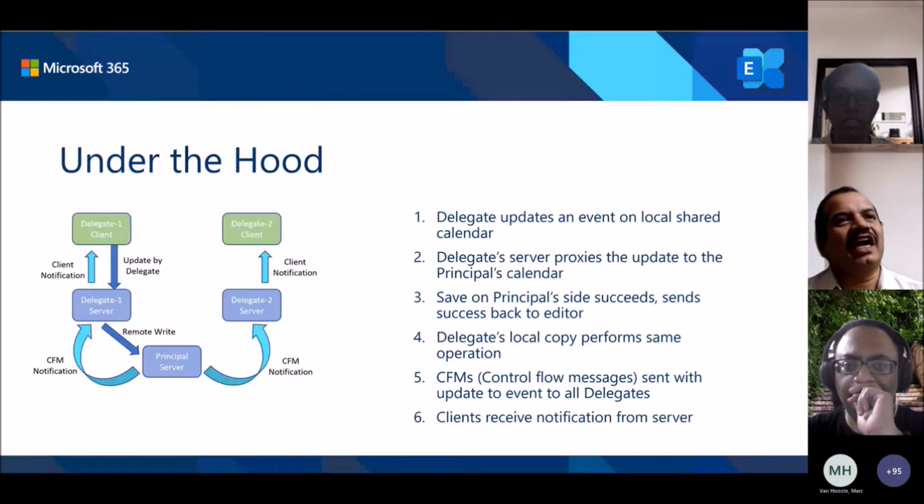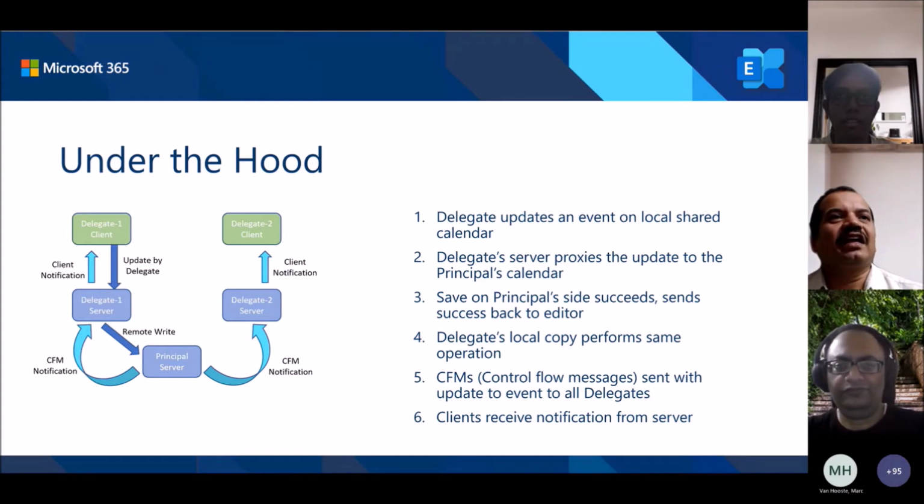So the calendar is shared with 2 people. So when the update is made, it is like a write-through cache, as I called out. It is first written to the principal's server, and then notifications are sent to all the delegate copies, the server-side copies of all the delegates. So we call this control flow notifications, and then the operation is complete.